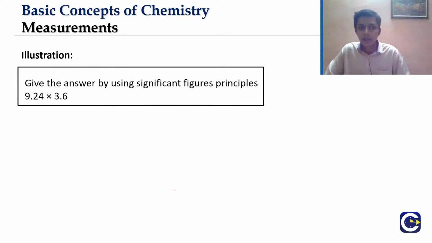Fine. Next, try to solve this question. Give the answer by using the significant figures principle. 9.24 into 3.6. Just do this multiplication and tell in terms of significant figures. You may need a little more time. Just try doing it. I want an active reply from all of you.